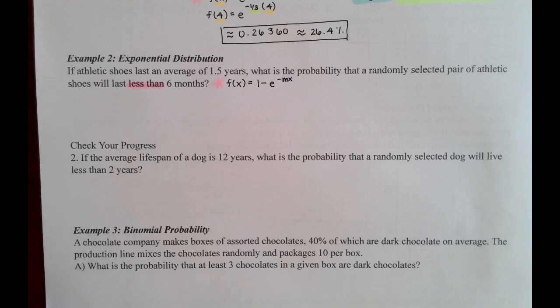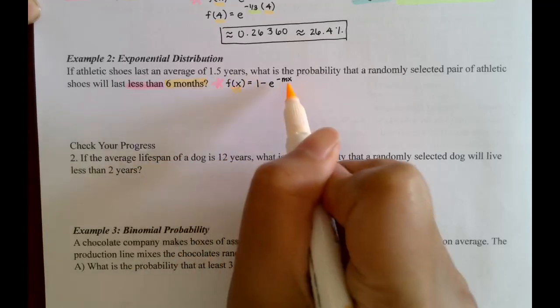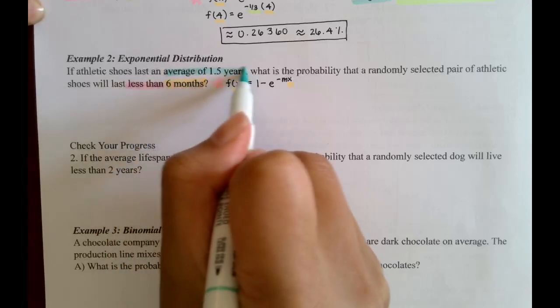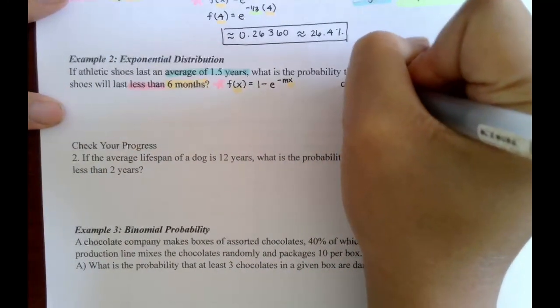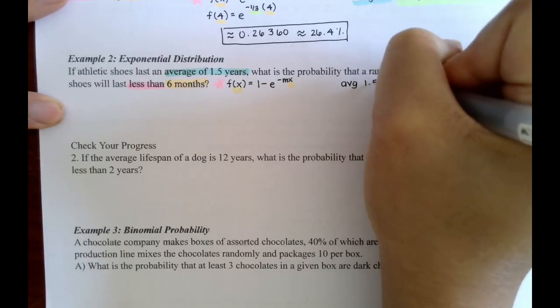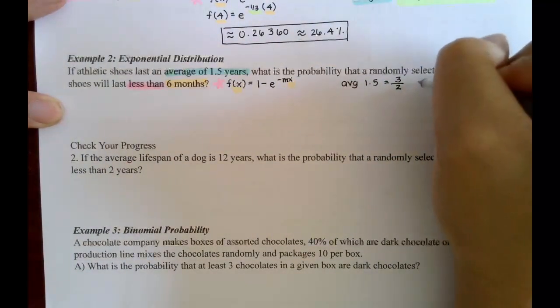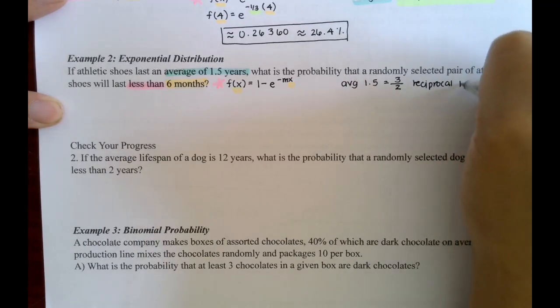Okay? So we want to know less than 6 months, so that's what I'm going to be plugging in here for x. Here the average is 1.5 years. So if the average is 1.5 or 3/2, that means the reciprocal to get m will be 2/3.